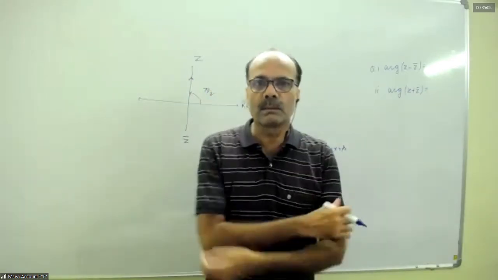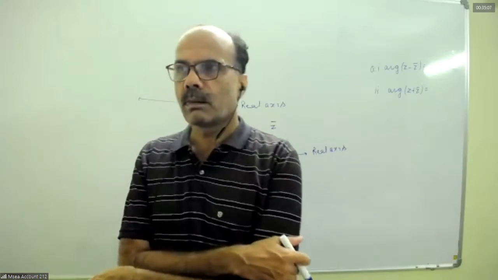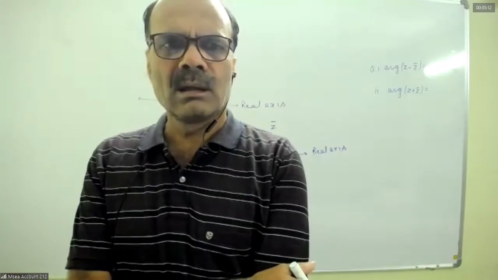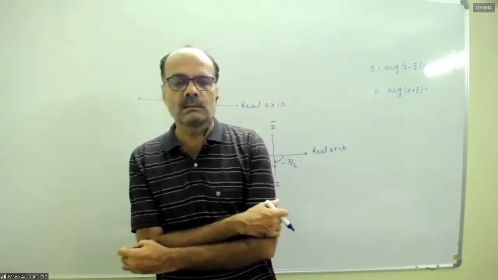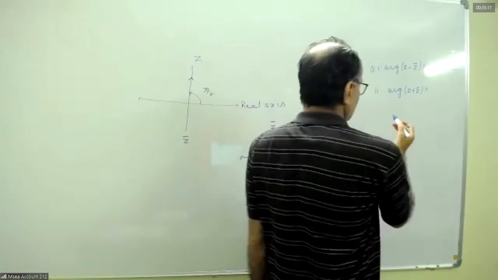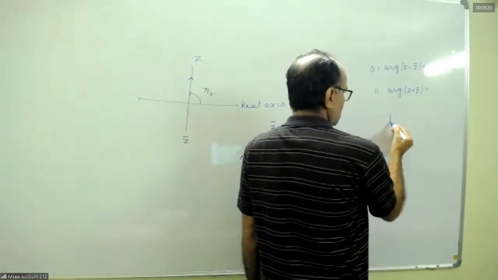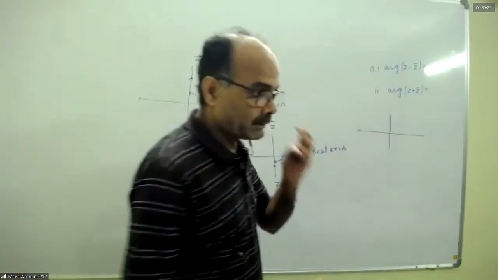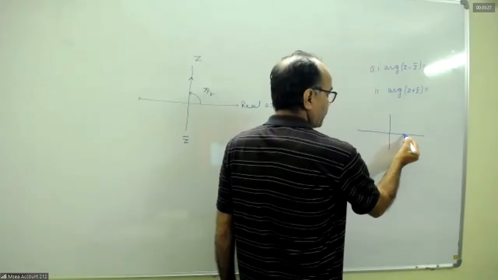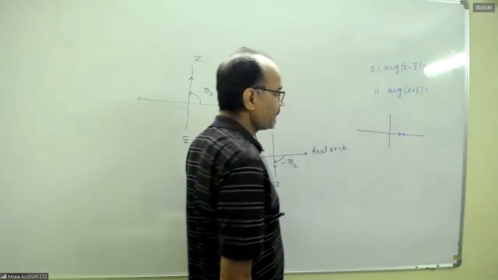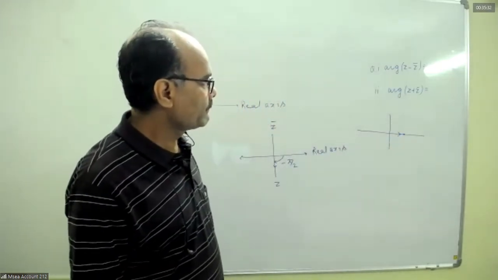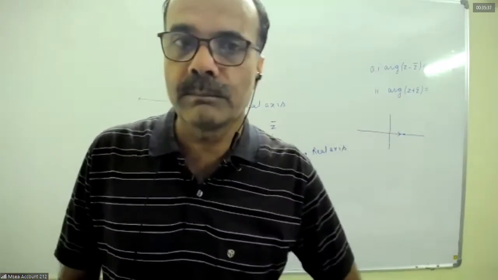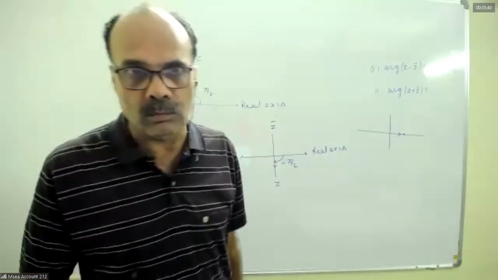So it is real. The argument of a real number, if it's a positive real number, is 0. If the real part of Z is positive, then the argument is 0.